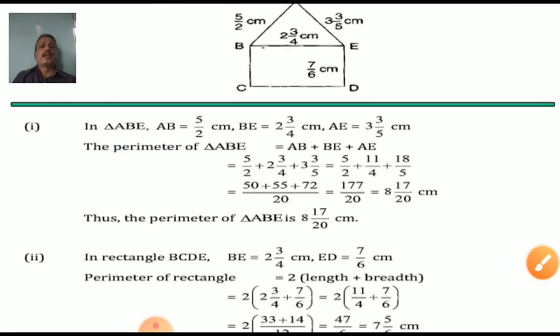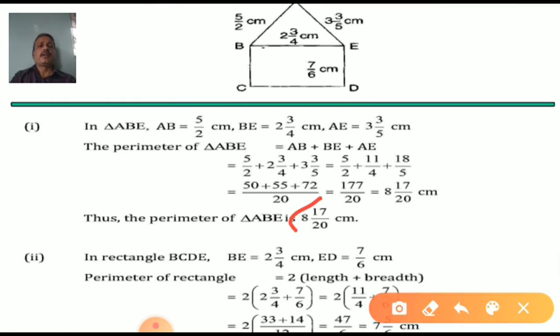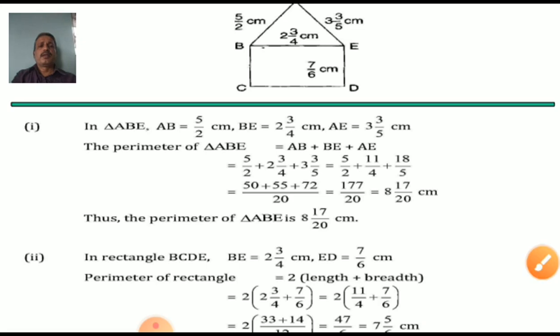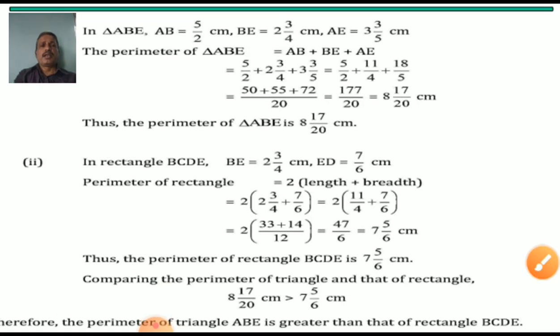The perimeter of the triangle is 17 upon 20. Good, student. I am just giving the hint, you try yourself, that's why I am moving very fast. Rectangle is very simple, 2 into length plus breadth.